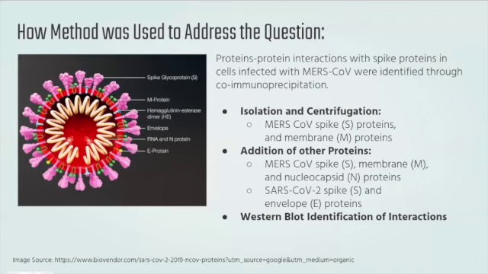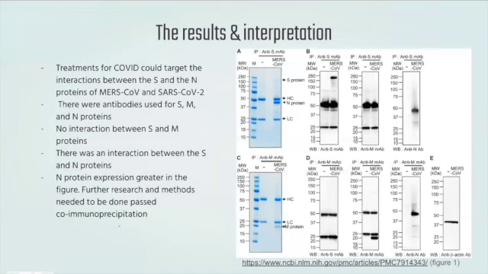Through a Western blot, the proteins attached to the MERS S and M proteins were identified. This addressed which proteins were interacting with each other. The big picture takeaway is that researchers are able to target the interaction between the S and N proteins in MERS and SARS, and that this could be a possible treatment method.